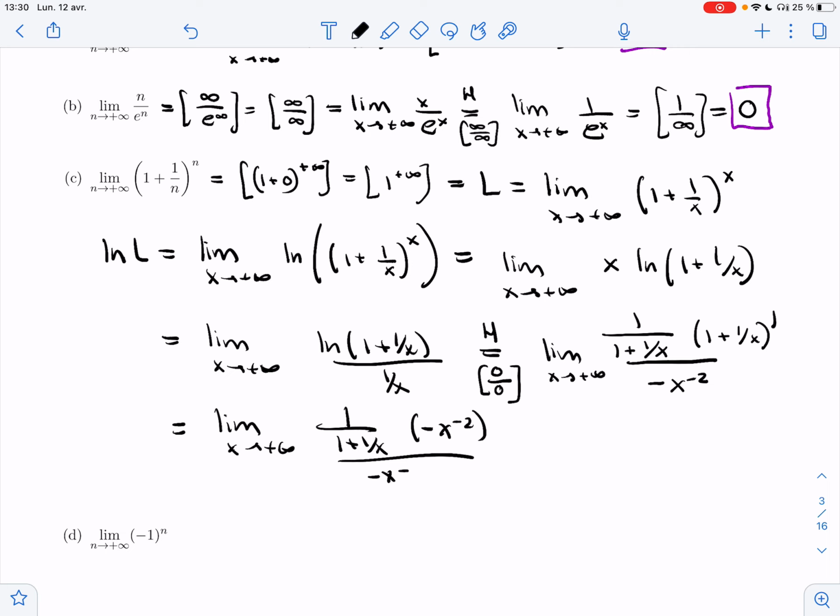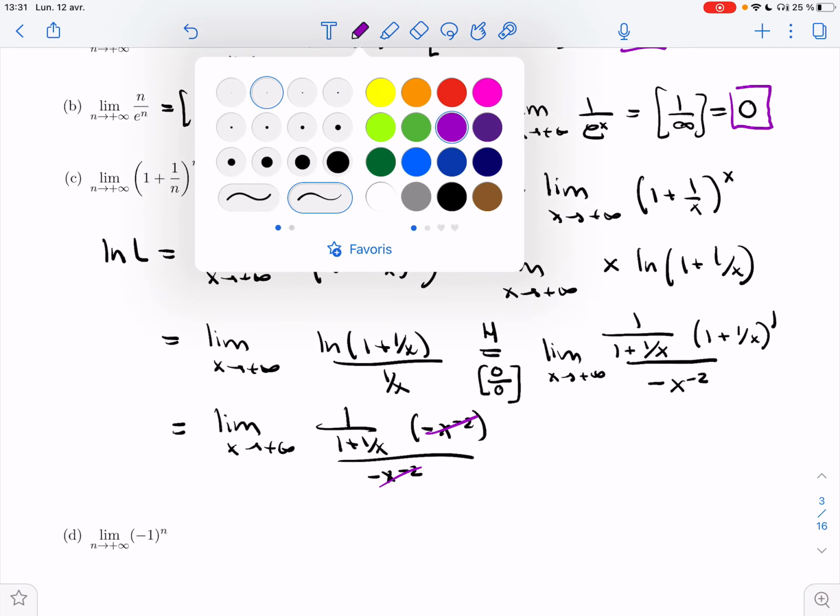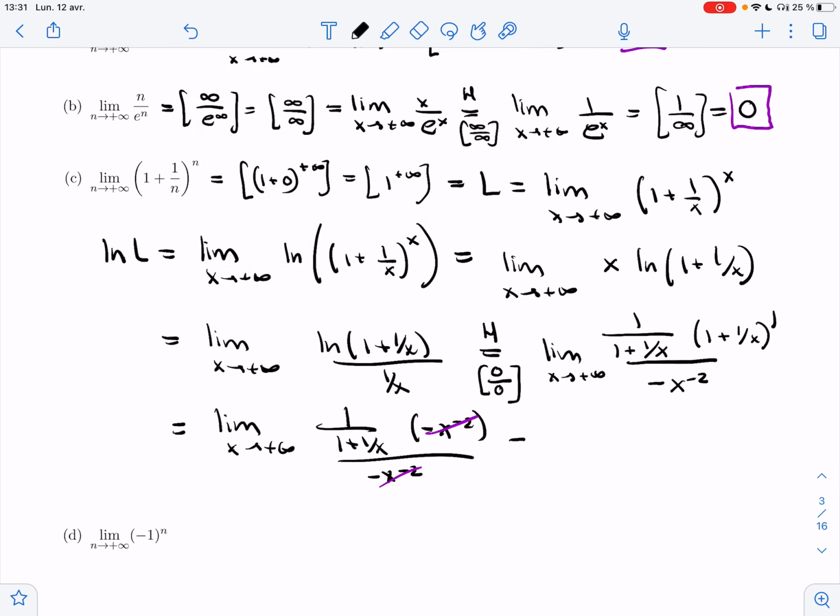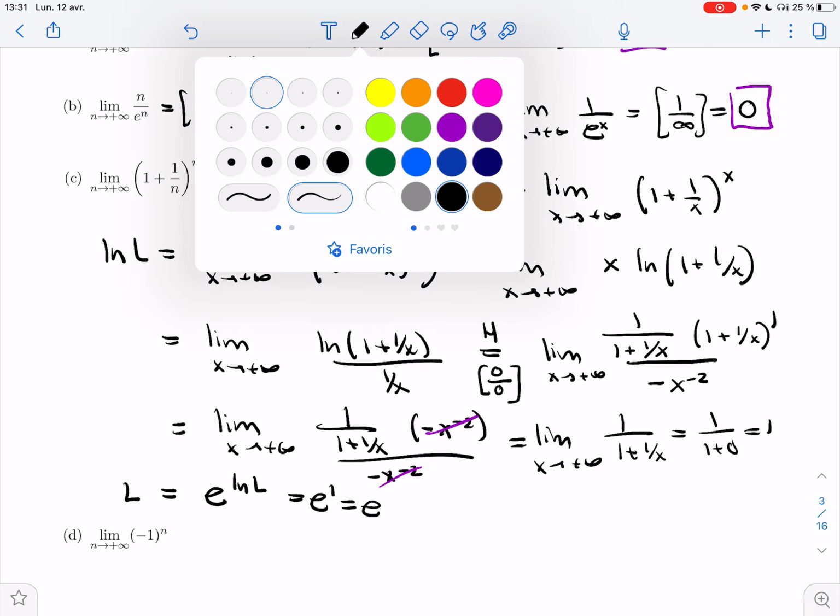Exactly the same thing underneath. These cancel. And so I get the limit as x goes to positive infinity of 1 over 1 plus 1 over x. That's 1 over 1 plus 0. That's 1. Don't forget, that's not the answer. That's log of the answer. So we apply the exponential to it. We get e to the 1, which is e.